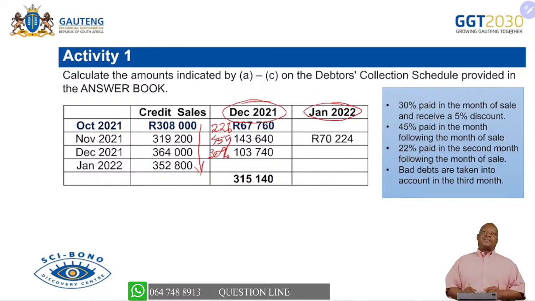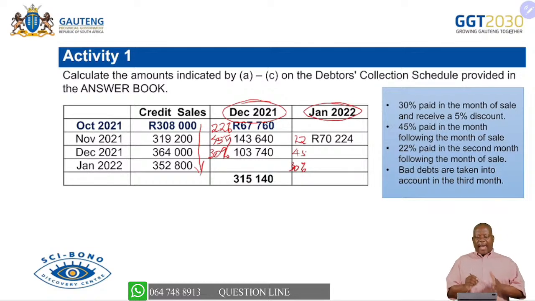Very important. Where January and January meet, that's where we are going to have our 30%, because it's 30% in the month of sale. And then we go up, 45%. And then we go up, 22%. Very important.